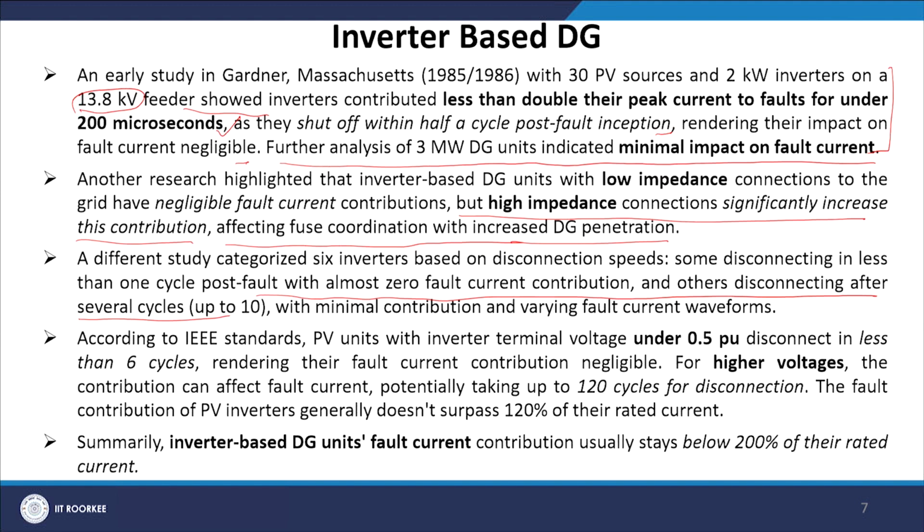The fault contribution of PV inverters generally does not surpass 120% of their rated current. To summarize, inverter based DG units' fault current contribution usually stays below 200% of their rated current.